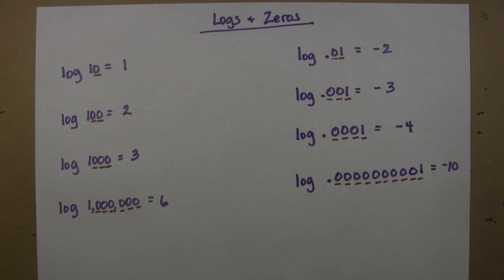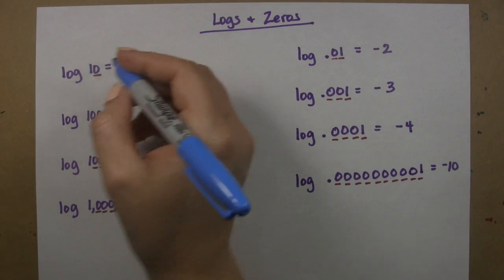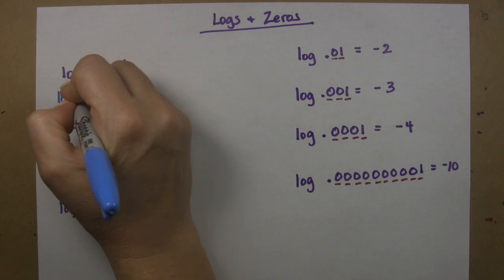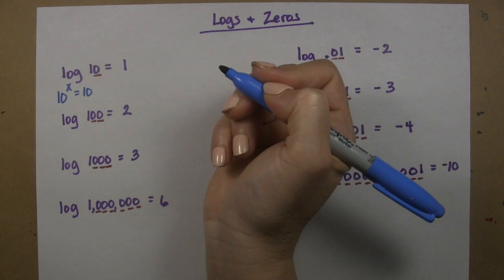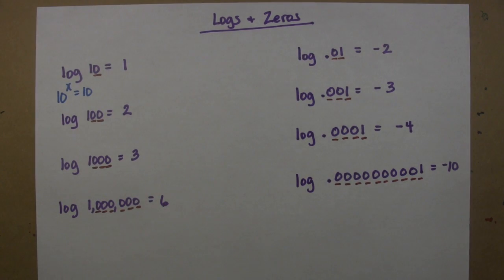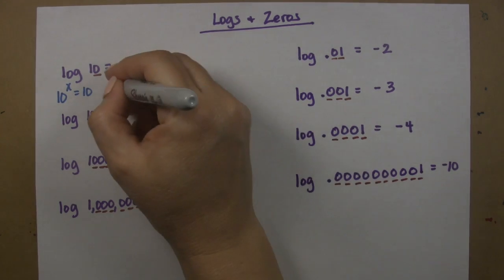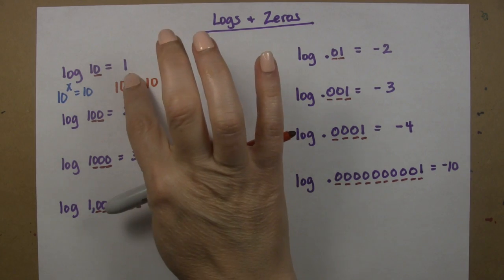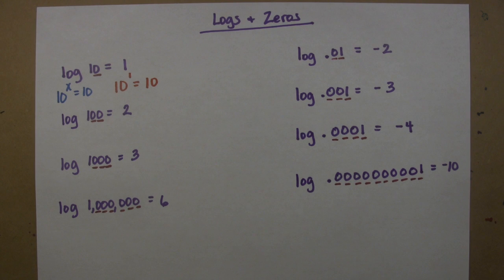Okay, so now the question you might have is, cool, but why does this work? Well, I'll tell you why. So we know that the log of 10 is really saying 10 raised to the what equals 10. And we also know that the answer to that is 1, right? 10 raised to the 1 is 10.